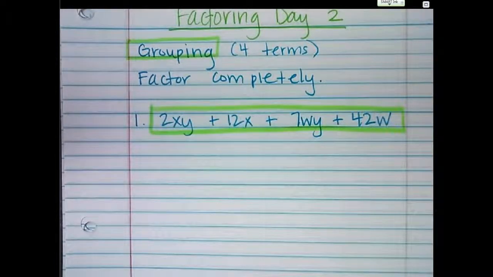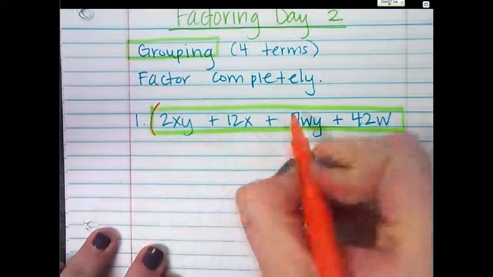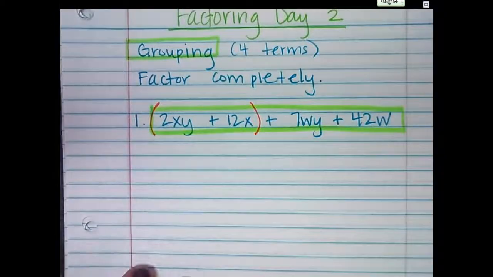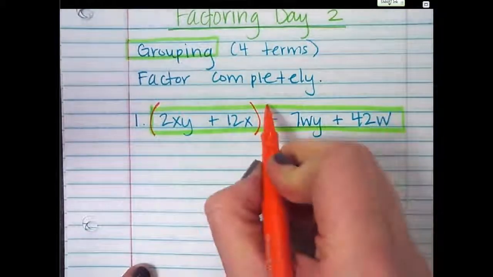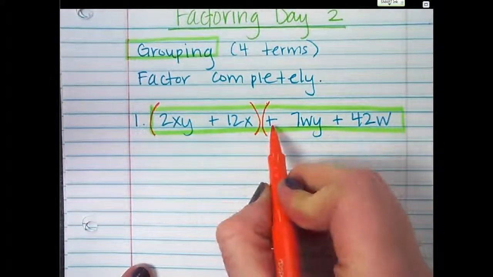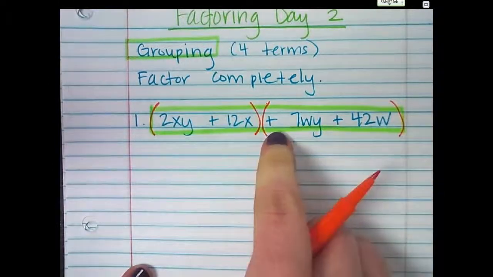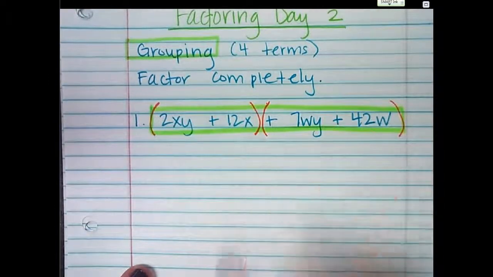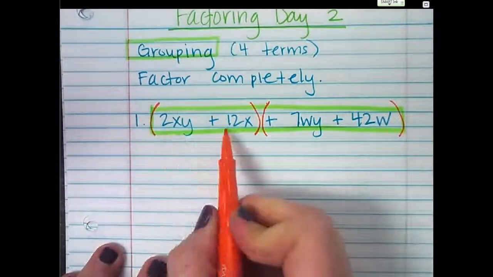What you did? Okay, you're going to group the first 2 terms. They're going to become their own parenthesis. And you're going to group the second 2. And I always put my parenthesis in front of this plus sign or minus sign, whatever it is, that way I don't forget about it. Okay, so I grouped the first 2, I grouped the second 2.